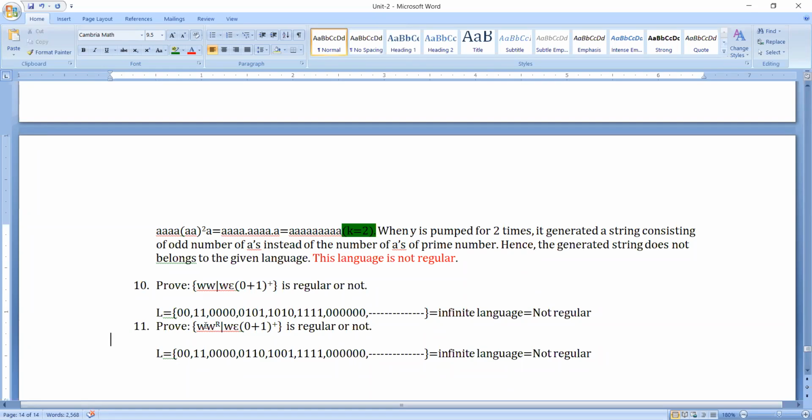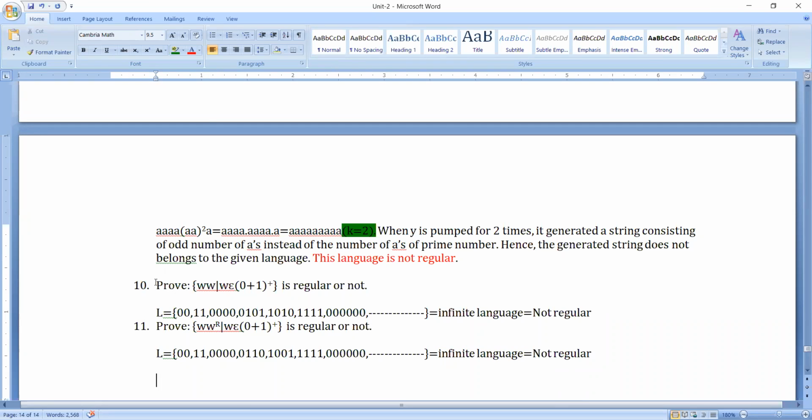We are not able to know what is W and what is the reverse of W. So even though this language is infinite, it is not a regular language.